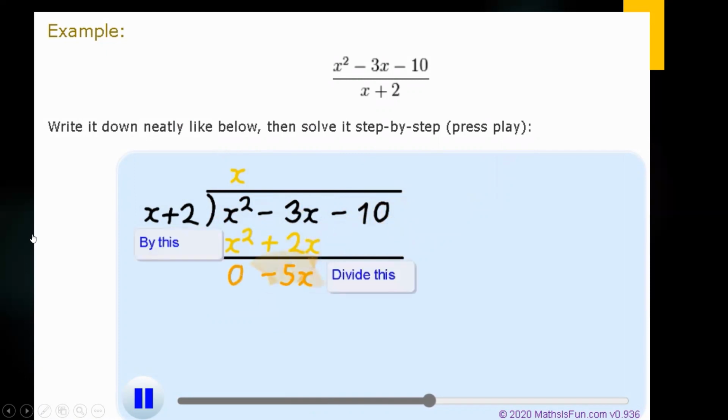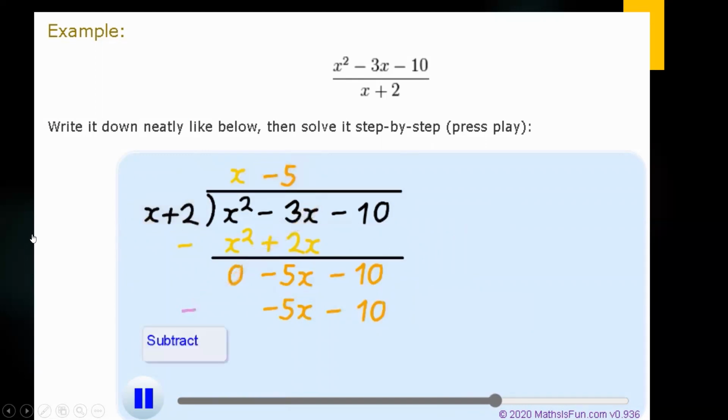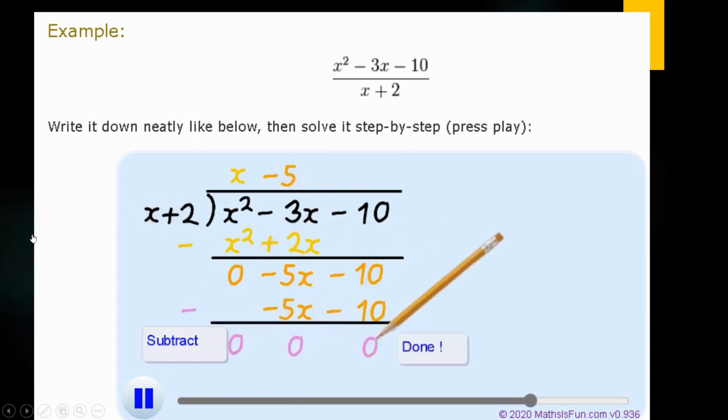What do you need now? Divide negative 5x over x. What do you get? You get negative 5. When you multiply negative 5 by x plus 2, you will get negative 5x minus 10. Subtract. When you subtract, you have to change the sign of each term. So the answer will be x minus 5.